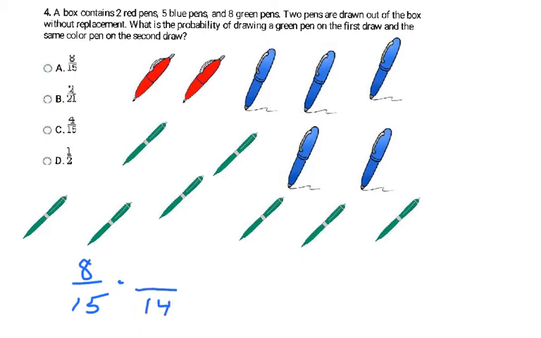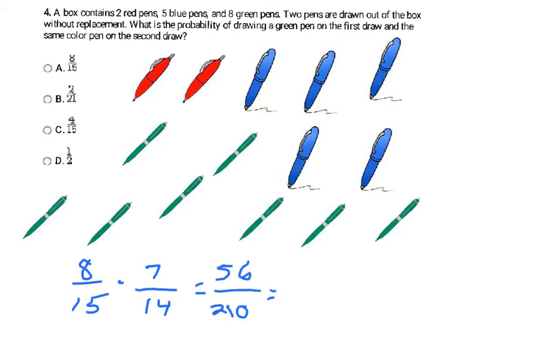And it wants to know what's the probability of drawing that same green color. Well, I already took one green one out, so I only have 7 left. So I'm going to multiply those two together to get my compound probability. 8 times 7 is 56, and 15 times 14 is 210.